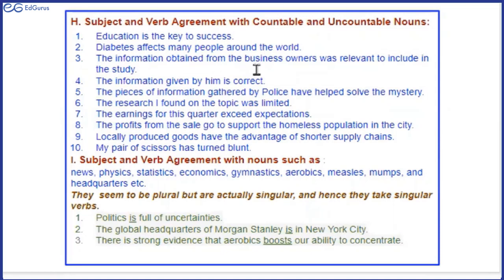Now just identify the subject, Anmol. Read the sentence carefully. It's a long sentence. The information obtained from the business owners. Read the complete sentence. Yes, now identify the subject.